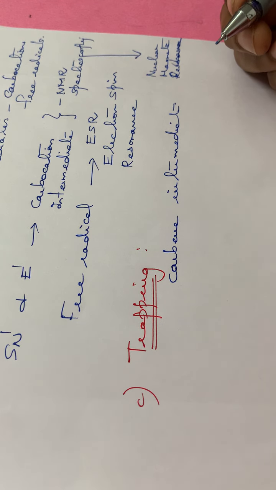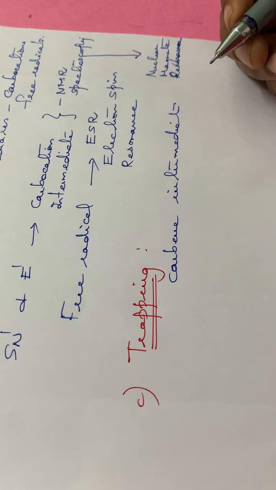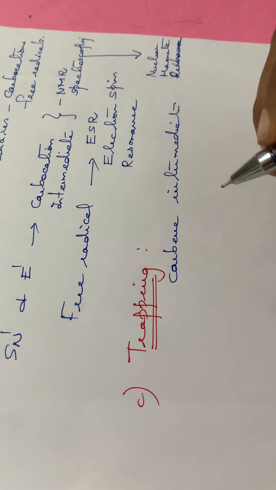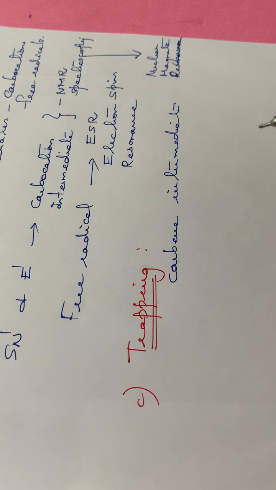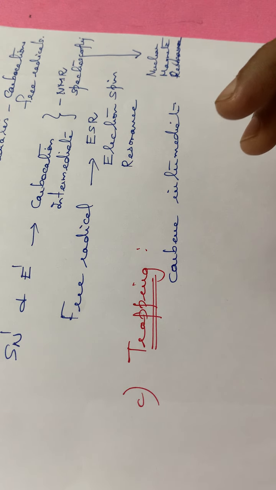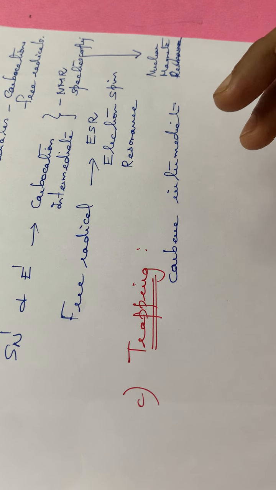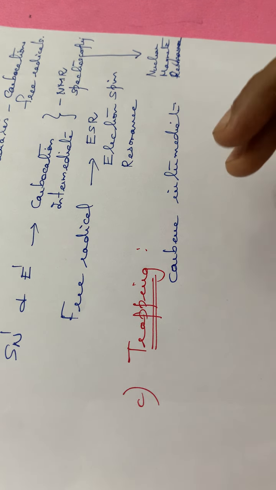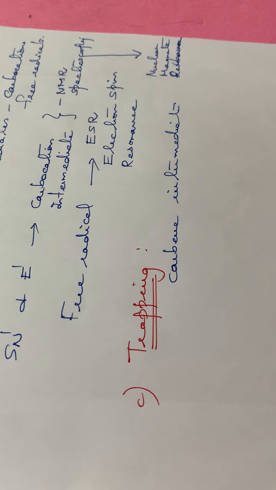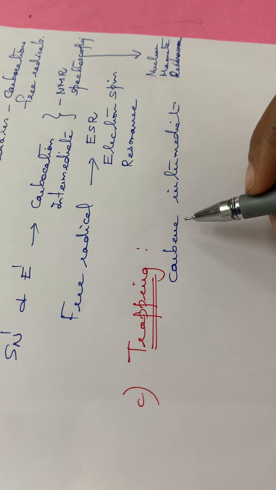In the case of carbene intermediate, they will be trapped in some other organic compounds. This carbene intermediate, at the time of formation itself, will be reacting with some other compounds, isn't it? So at the time of formation, some efficient trapping organic compound is used there, so that this carbene will be trapped in that particular compound. Thus we can identify that particular intermediate.